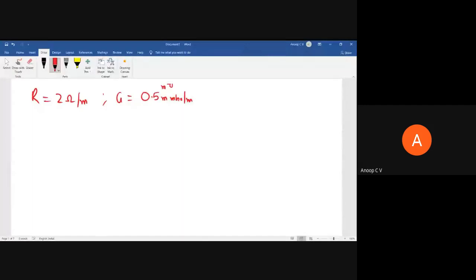L is 8 nano henry per meter, and C is 0.23 picofarad. And also it is given the frequency of the signal which is being transmitted through the transmission line.